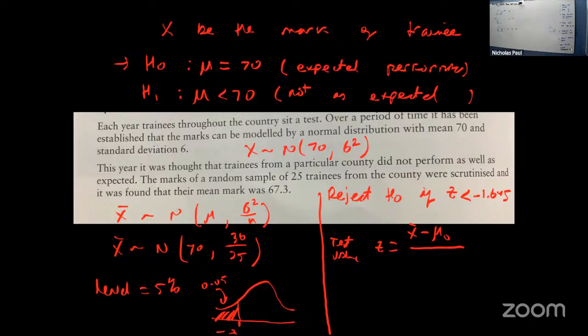Some people write it like this, sigma on root n, so it reminds you to put in your old sigma and put in the old root n. Okay.